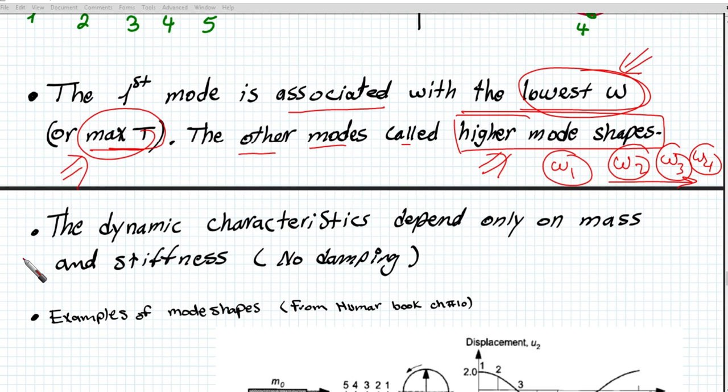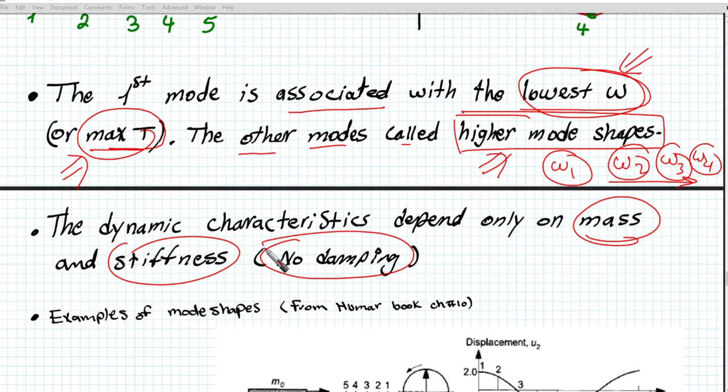The next hint is that the dynamic characteristics depend only on mass and stiffness. This means no damping. Why? If I ask you why we do not have damping here, it is because, as we said before, damping is going to have a negligible effect on buildings, and it is not going to change the natural dynamic characteristics.